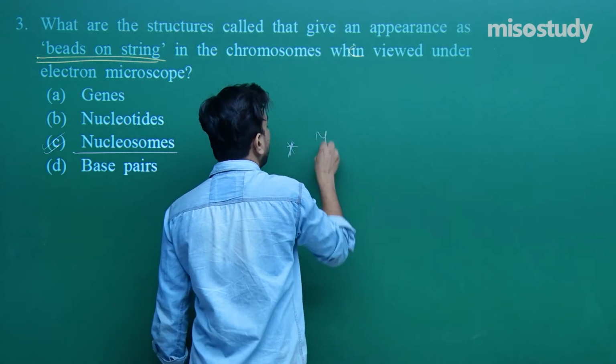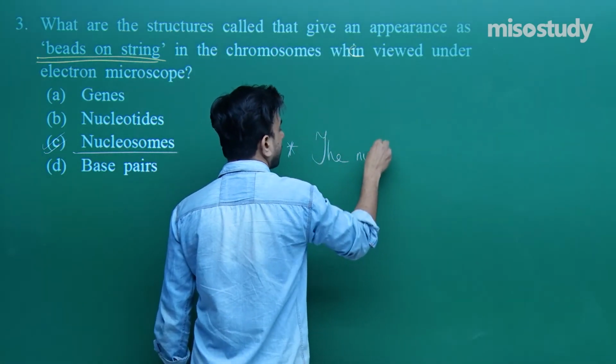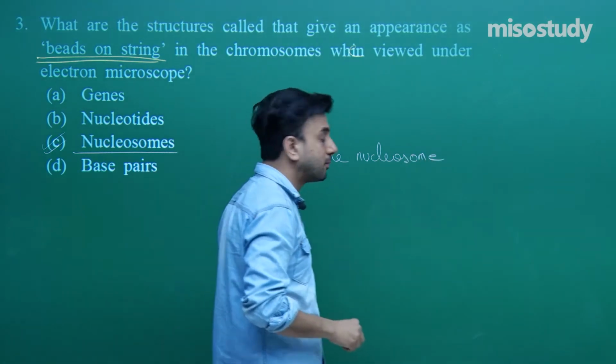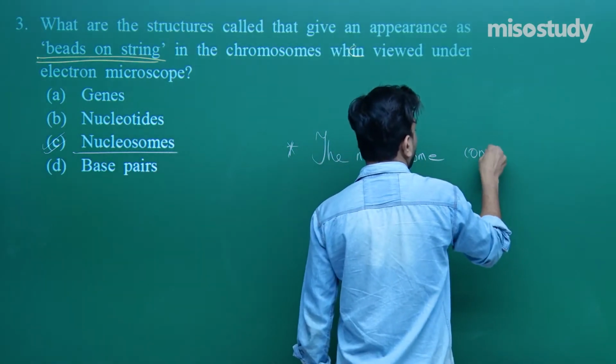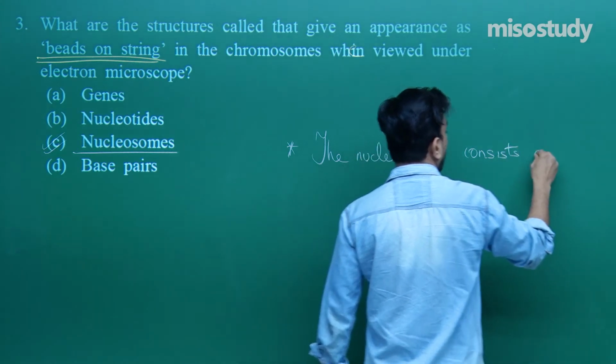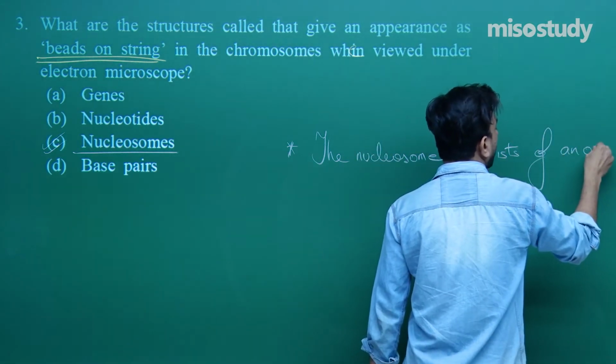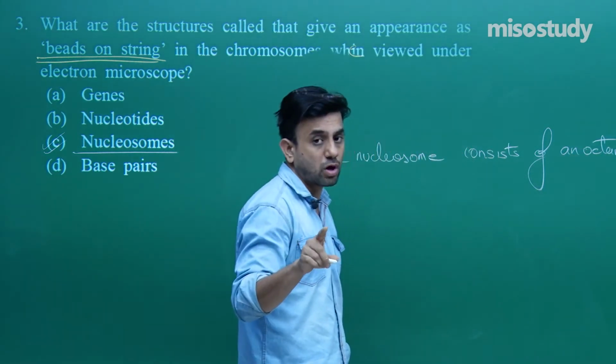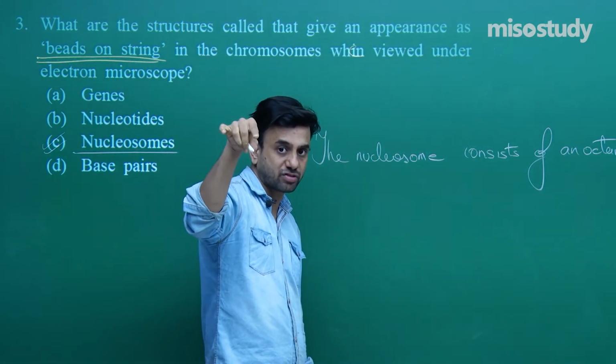So we say the nucleosome consists of an octamer. Why octamer? Because there are two molecules each of the 4 histone molecule types.